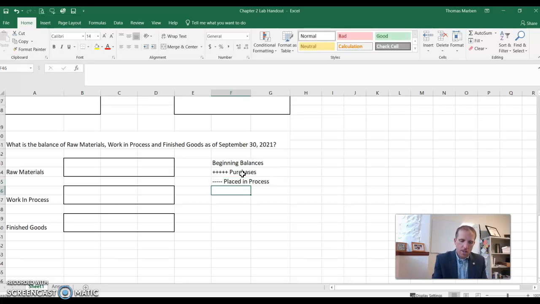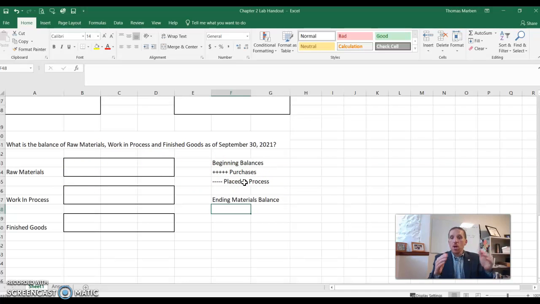So that's going to give us our ending materials balance, right? So we're going to start off with what we had as we began the month of September. We're going to add in our purchases, so the purchases that we made during the month of September, and then we're going to subtract off those materials that went in process.